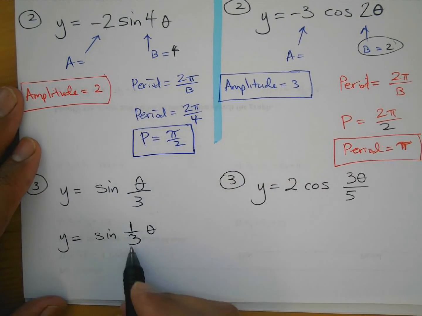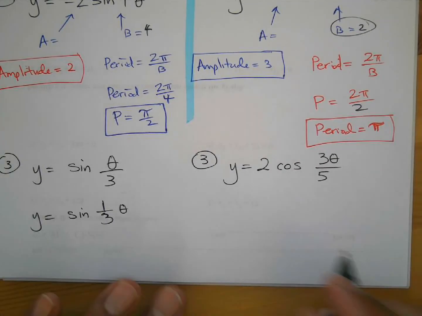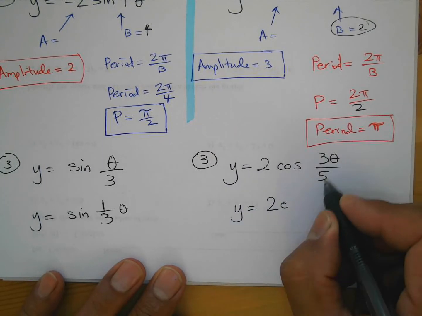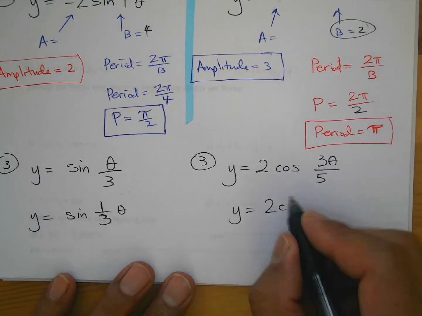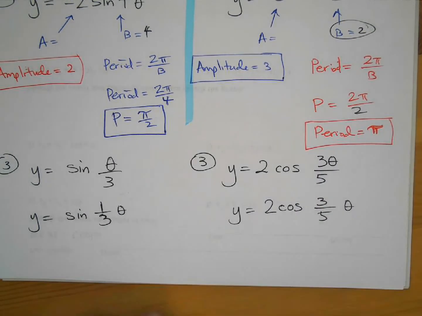This is the same as 1 over 3. See, the 3 is in the denominator. And the same thing over here. Actually, this one you can kind of see it. The fraction is 3 over 5ths, but they just put it up there just to make it complicated. It's really 3/5, and the theta's out here. Okay, but they just put it together like that.